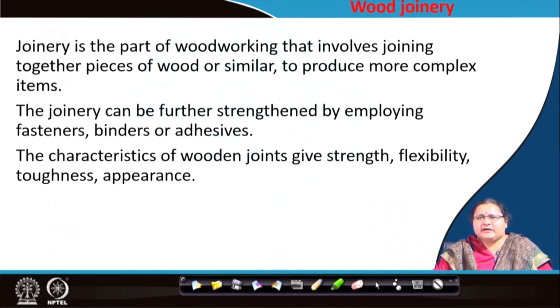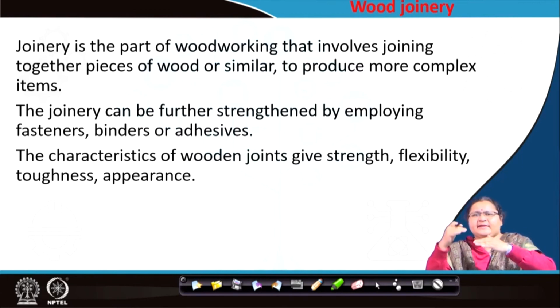If you can get one long piece, very fortunate you are, but usually you cannot get such long pieces. Now you have to join two pieces together, maybe at a right angle, maybe in an oblique direction.